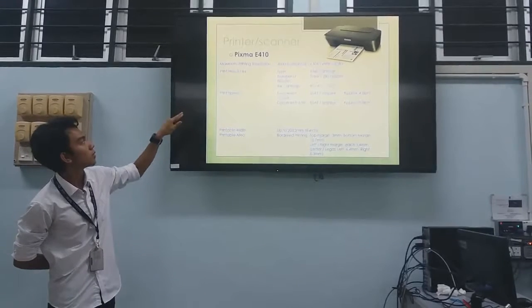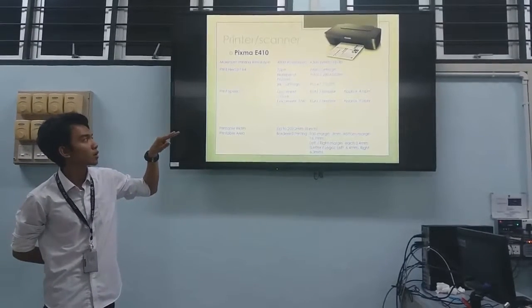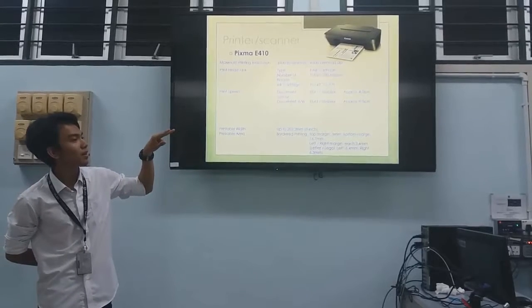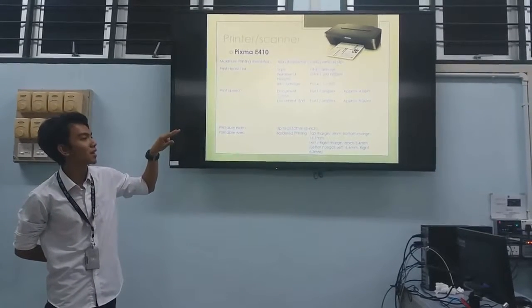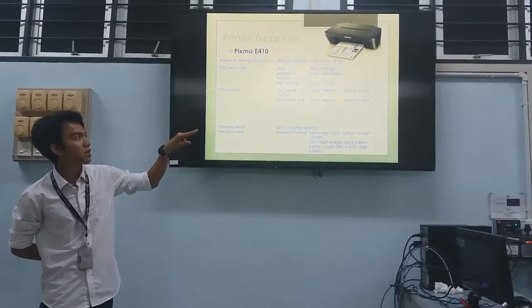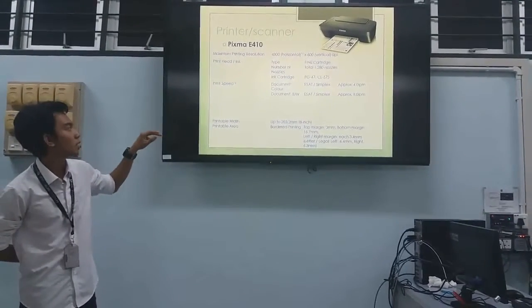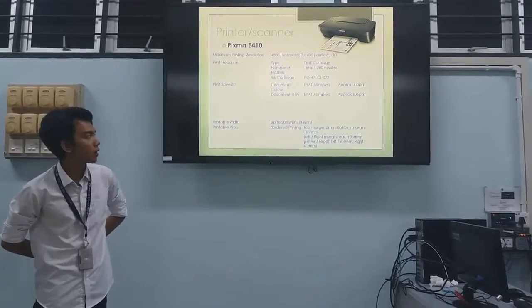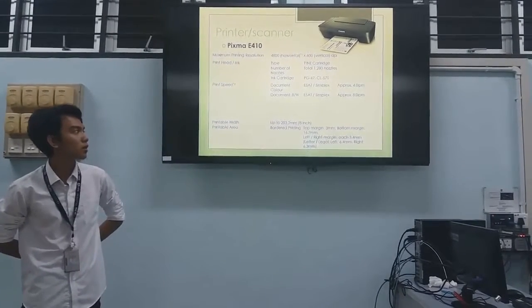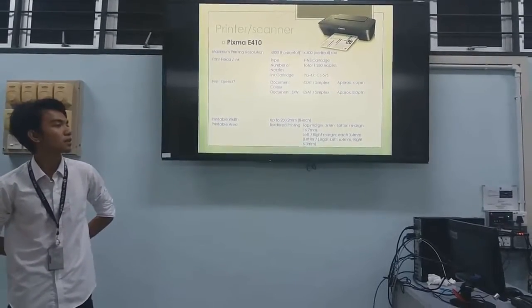And for the print speed, for document color is approximately 4.0 IPM. And for document black and white, approximately 8.0 IPM. Okay, for convertible width up to 103.2 mm.